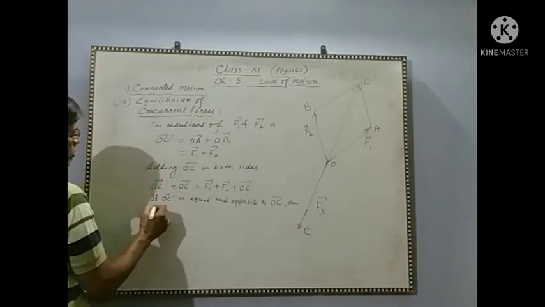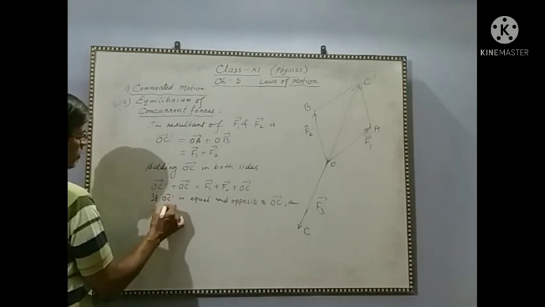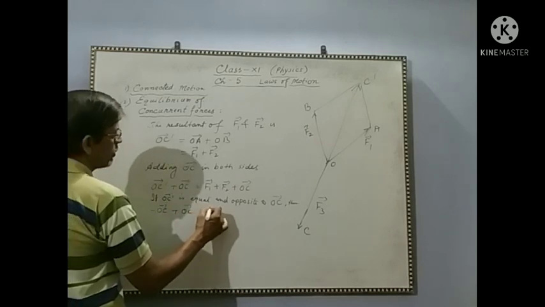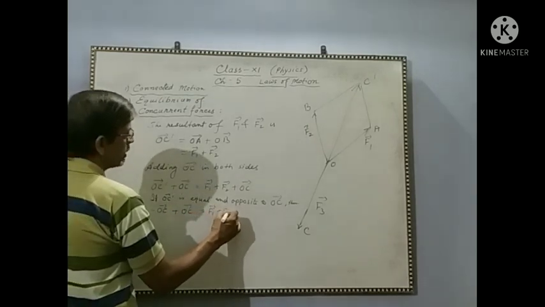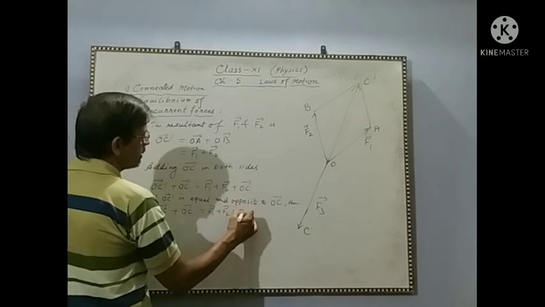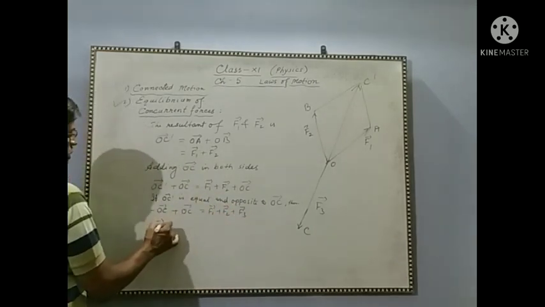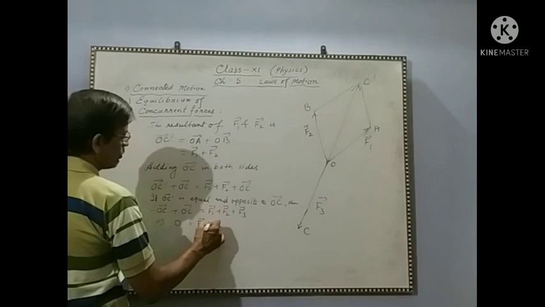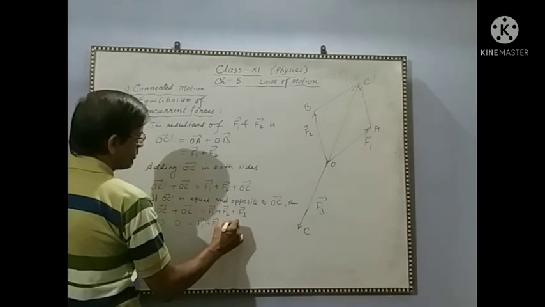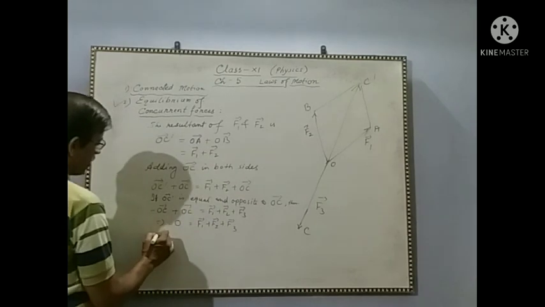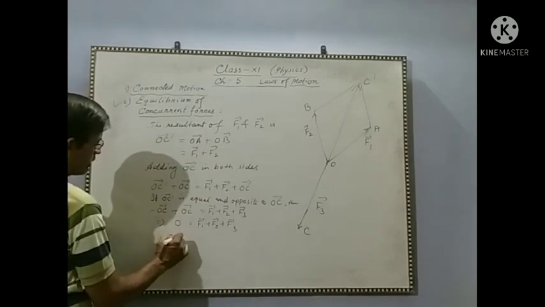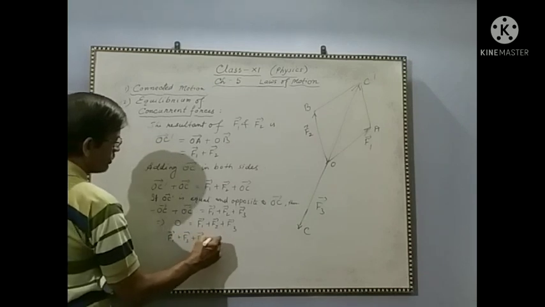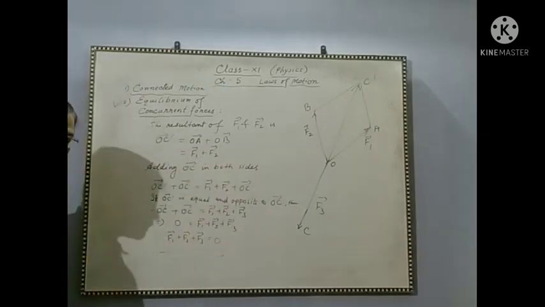We can write in place of this minus OC vector plus OC vector equals F1 vector plus F2 vector plus this F3 vector. On this side you see this is 0. So 0 equals F1 plus F2 plus F3. Therefore F1 vector plus F2 vector plus F3 vector equals 0. This is the equilibrium of concurrent forces.